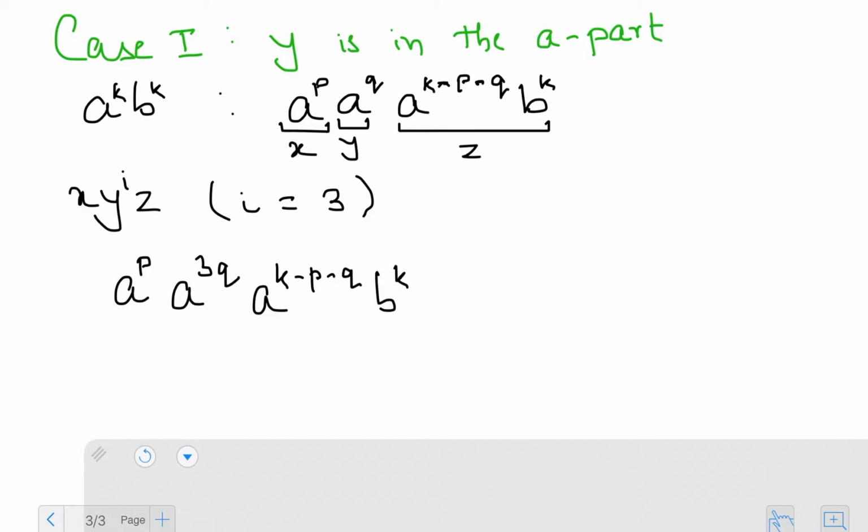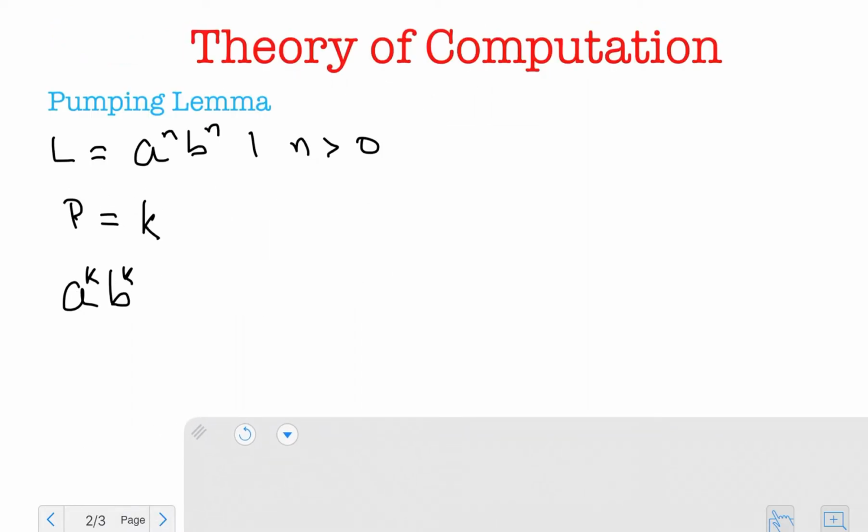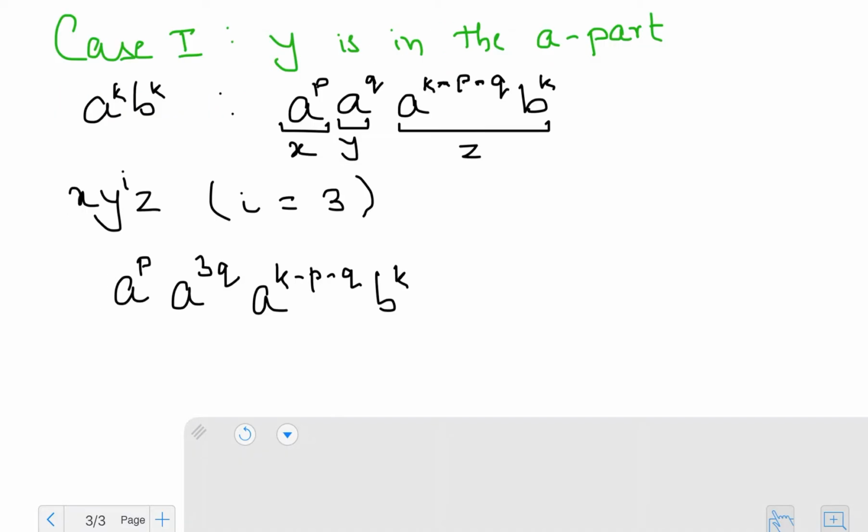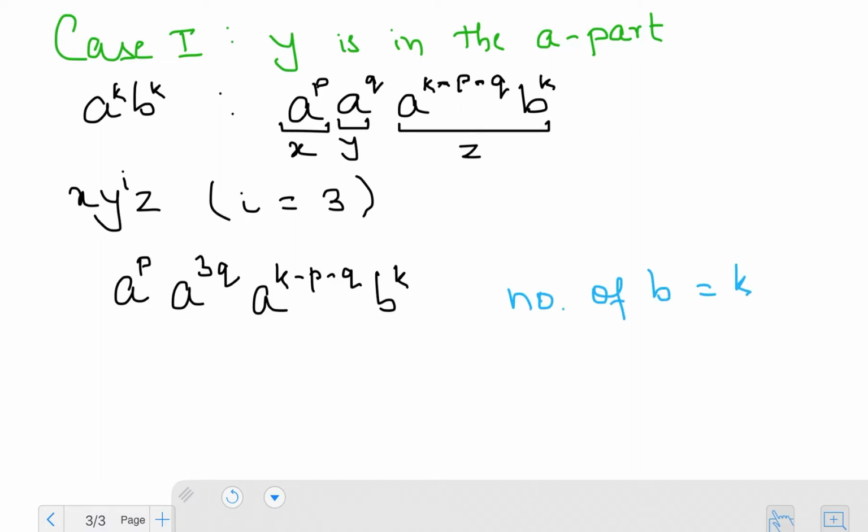This is my string now, and what we need to do is see whether this belongs to our language, which is L, which is a^n b^n. And what I do for that is count the number of a's here. I of course know that the number of b's equals k, and I need to count the number of a's.